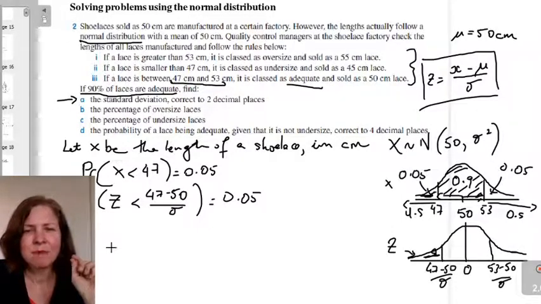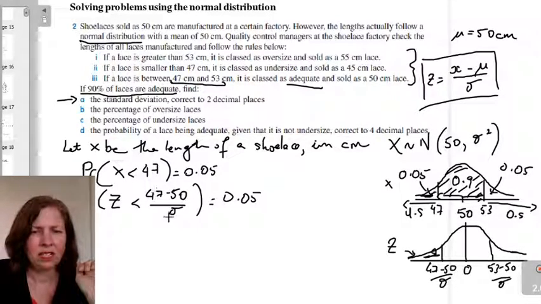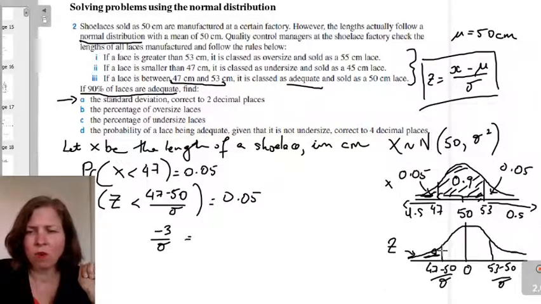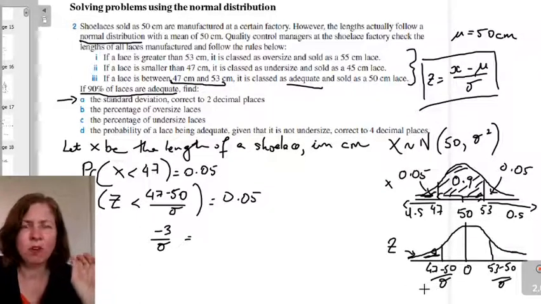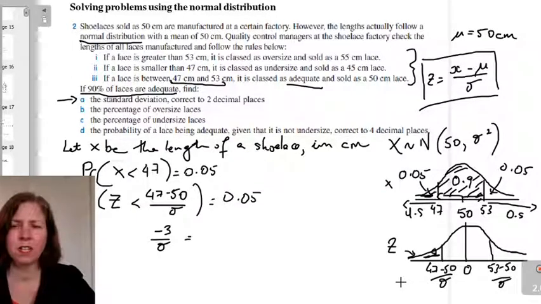So now I just need my calculator, and I can simplify this. 47 minus 50 will give me -3 over sigma is equal to, well, this is the power of transforming onto the Z curve, I now have a known standard deviation and mean.